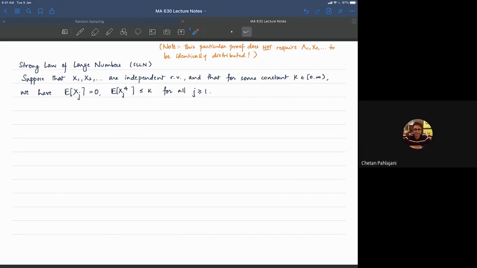So if expectation x to the 5 is finite, then expectation x to the 4, expectation x cubed, expectation x squared, all of those are finite. So as soon as I say that expectation xj to the 4 is finite, it follows that expectation xj cubed, xj, all of them are finite. Anyway, E of xj has to be 0 for all of them.